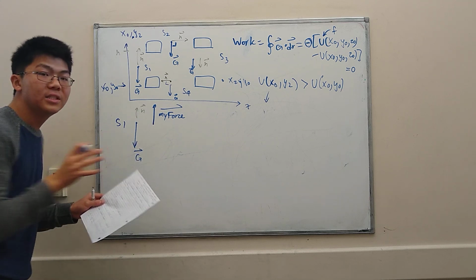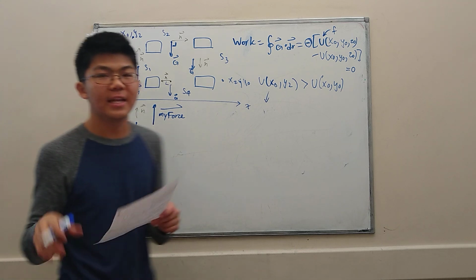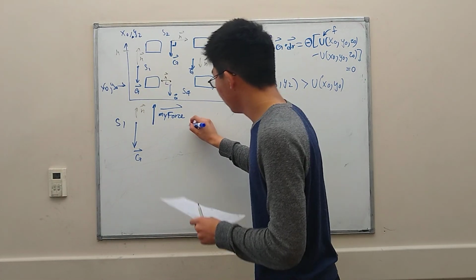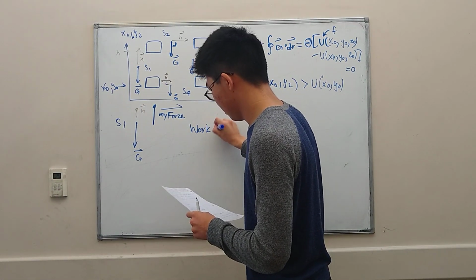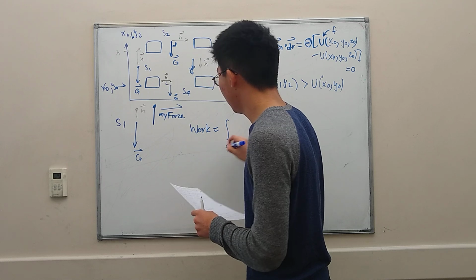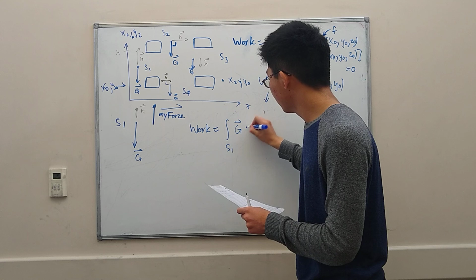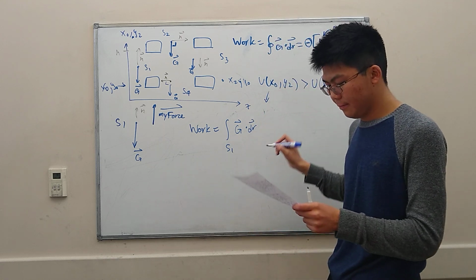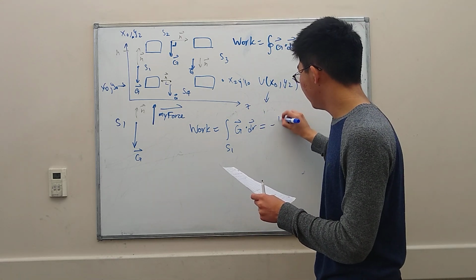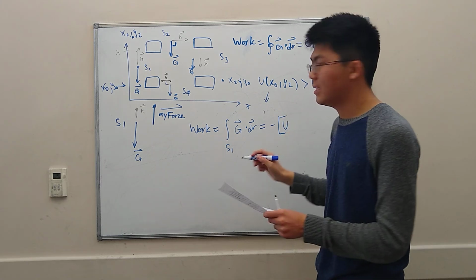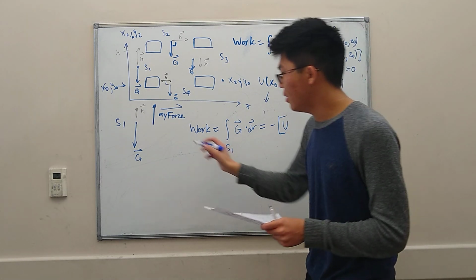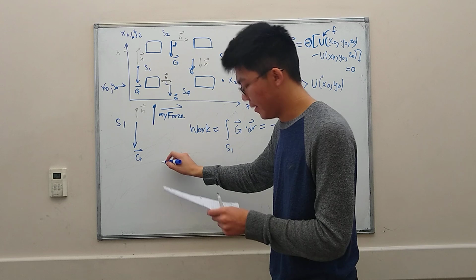So, because work is change in the kinetic energy, here is our line integral g dot dr, and it's equal to minus the change in the potential energy. So here's our original point.